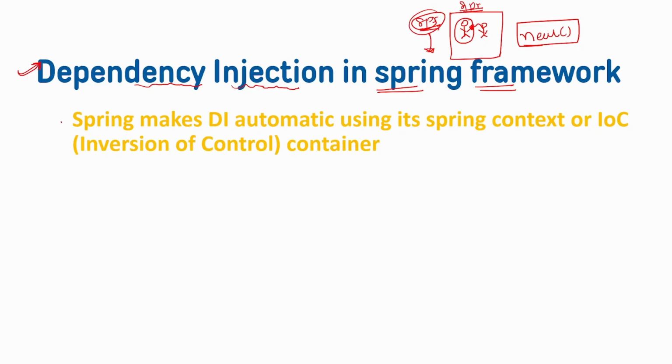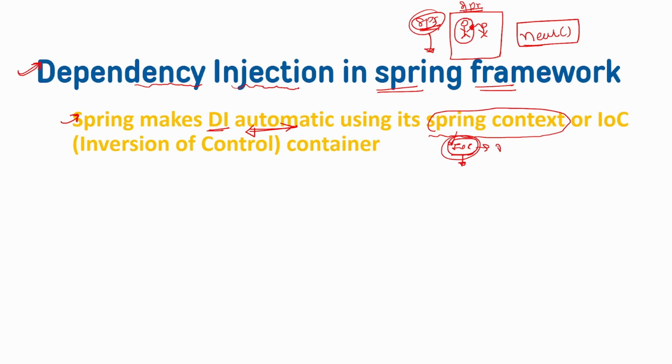Spring makes dependency injection automatic using its Spring context or IOC. The Spring context is also known as the IOC container because it provides inversion of control. What does inversion of control mean?